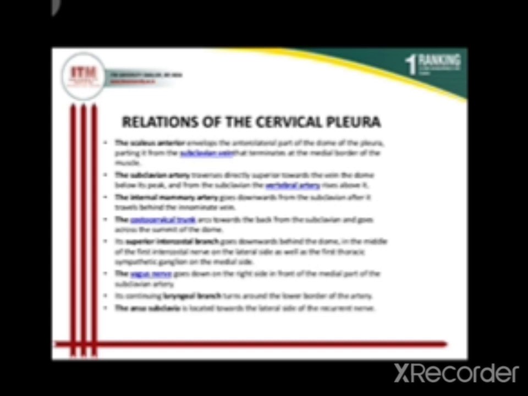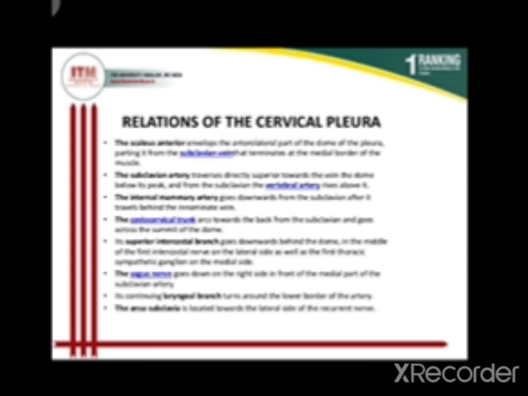The internal mammary artery goes downward from the subclavian. After it travels behind the innominate vein. The costocervical trunk arcs towards the back from the subclavian and goes across the summit of the dome.